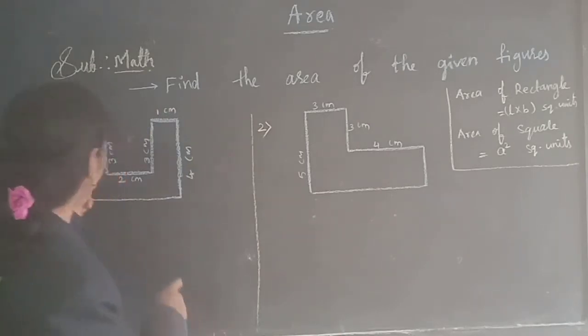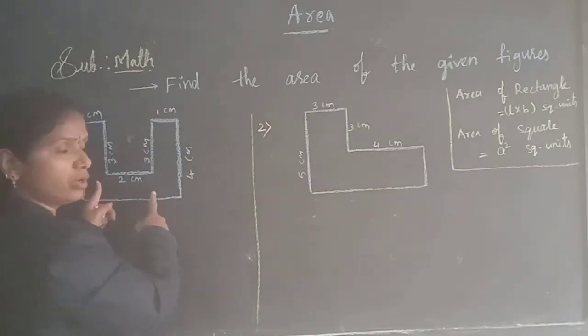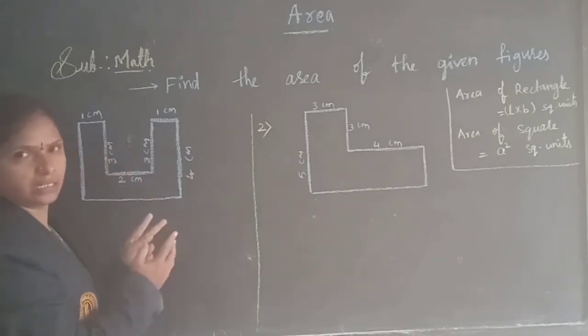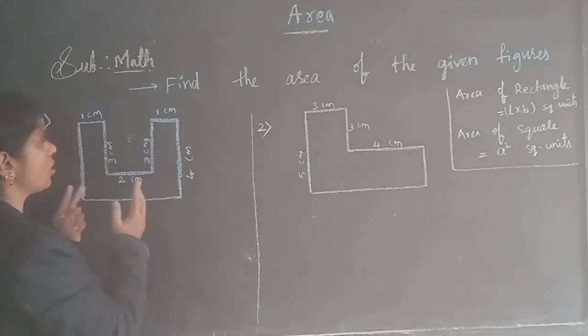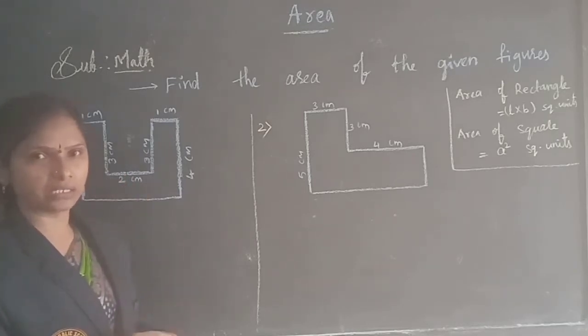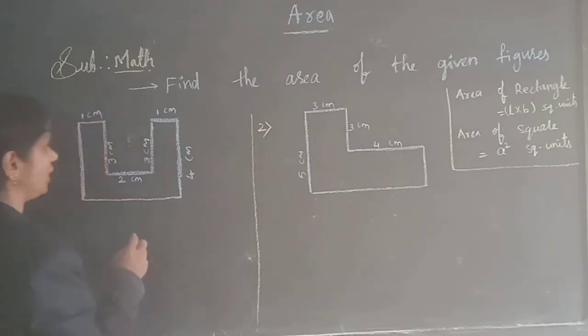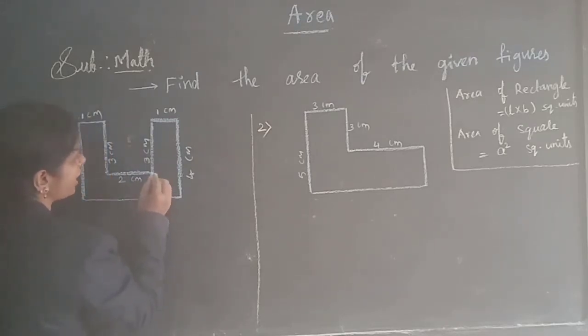Now first, this is not a single rectangle, not a triangle. It is a combination of some rectangles. First, let's divide it rectangle-wise. How many rectangles can we find here?